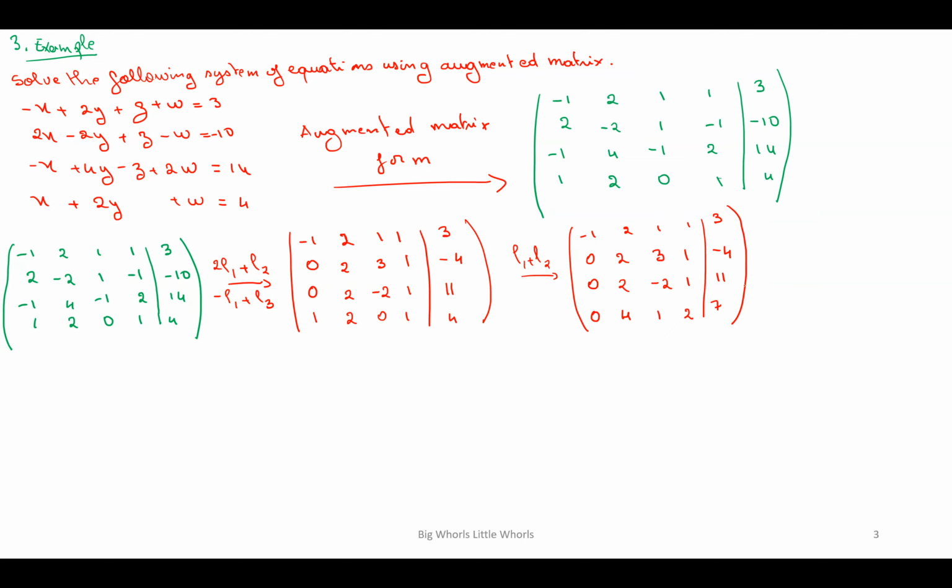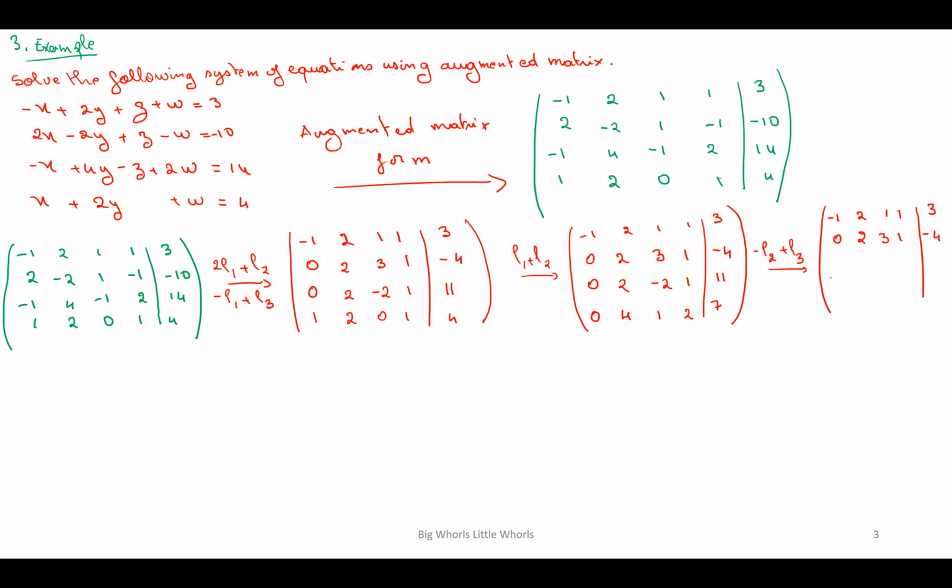Okay, now let's continue. We are going to use the leading entry in the second row to eliminate the entries below it. So I'm going to do minus row 2 plus row 3. It should give us 2, 1, 1. 3, so 0, 2, 3, 1, -4.